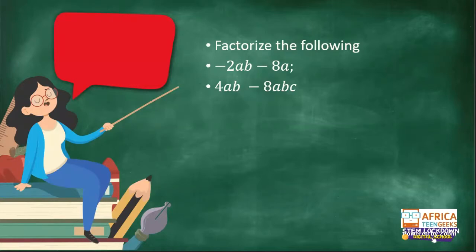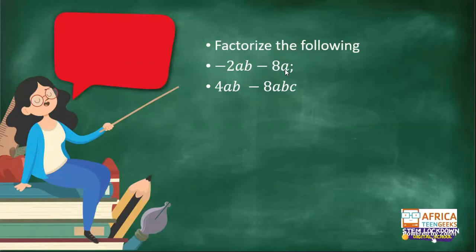Remember, to work smarter, you can start with the negative 2. You take out the negative 2. Obviously, you'll be left with ab there, and then here, you'll be left with 4. And then you take a. So you'll be left with b here.